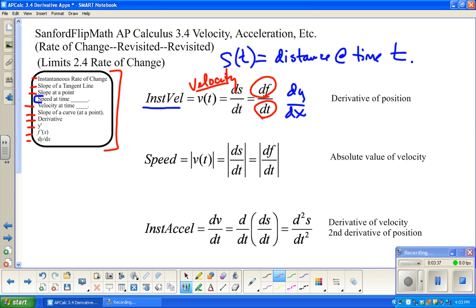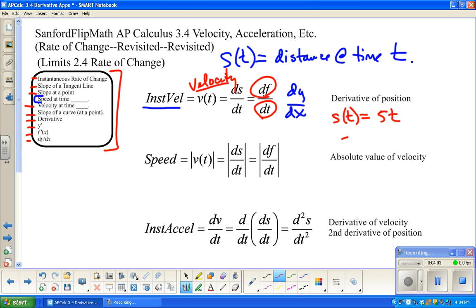Okay, so velocity is basically just the derivative of position. Okay, so if you have a fixed velocity, the derivative is just going to be whatever that velocity is. If you have a fixed distance, the distance that's not changing, then the velocity is going to be 0. So if I have something like the position is given by, let's say it's 5t.